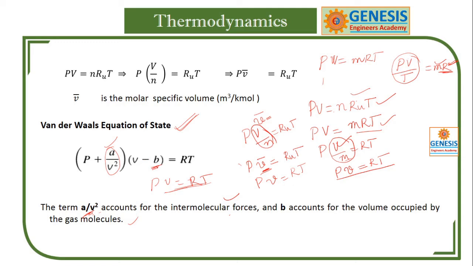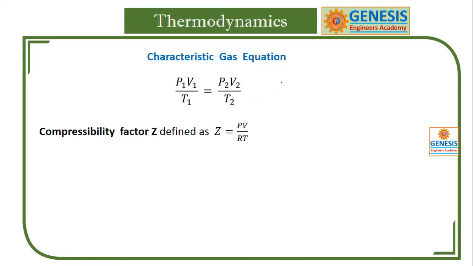Now this is called a characteristic gas equation, so you can also remember this equation. From this equation you can derive many laws. If T1 is equal to T2, this becomes Boyle's law. Understand?